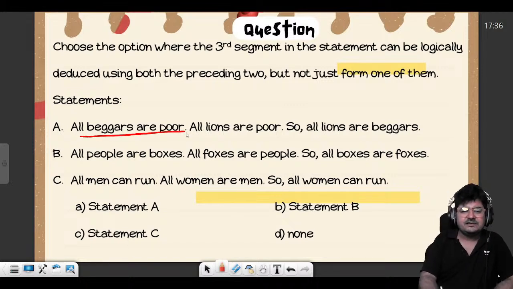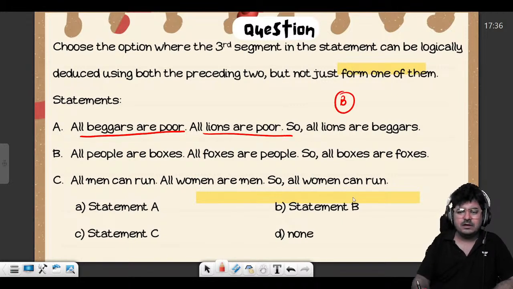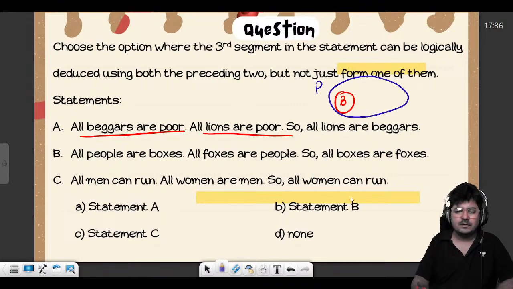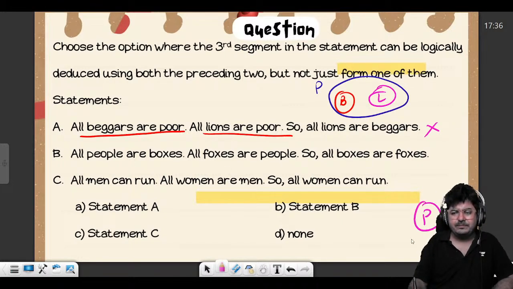Okay. All beggars are poor, all loins are poor. So that means loins are beggars? No. All people are boxes.